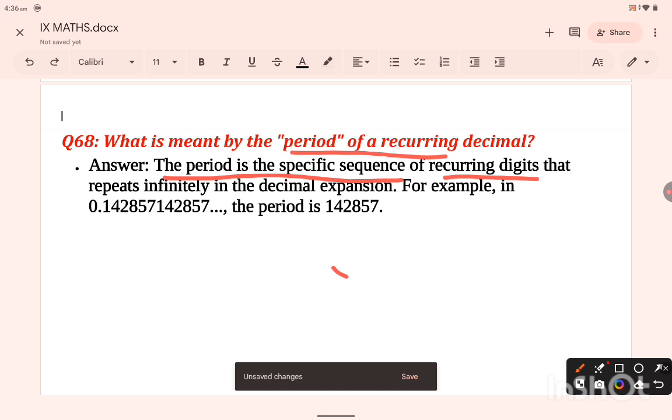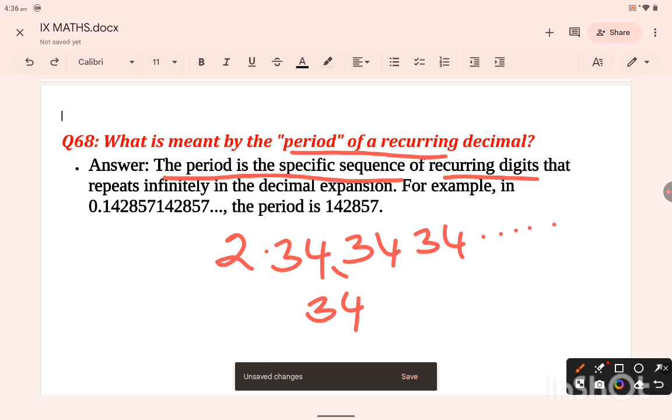Suppose, for example, 2.343434 and so on. This is a non-terminating recurring decimal. Here 34, 34, 34 is repeating. So the repeating block is 34.